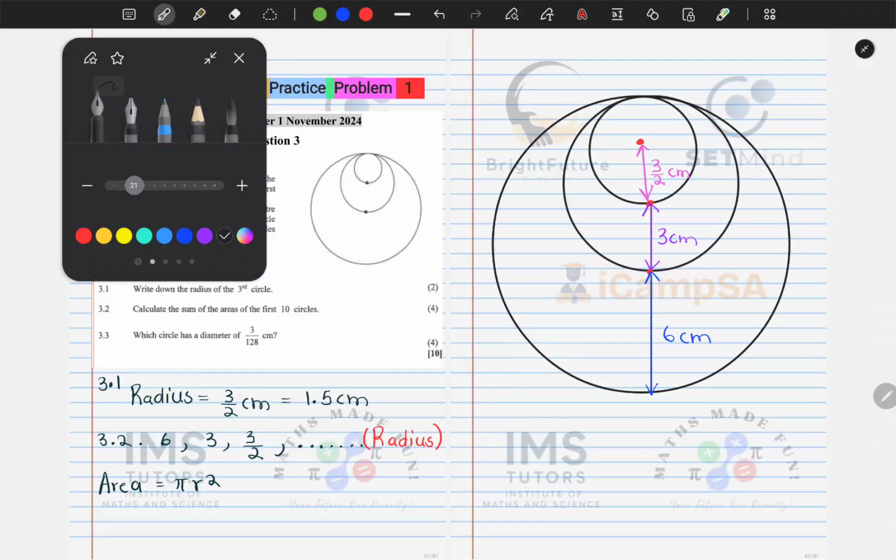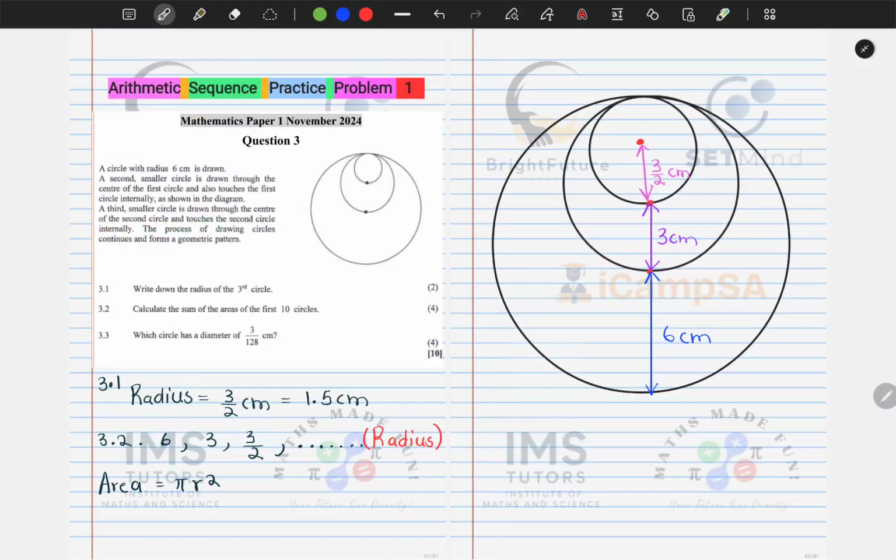I'm going to calculate the area using the 6. That is going to be 36 pi if I square that, and then the next one just becomes 9 pi when I calculate the area. And then for the next one, when we square that, it just becomes 9 over 4 pi. And this carries on.